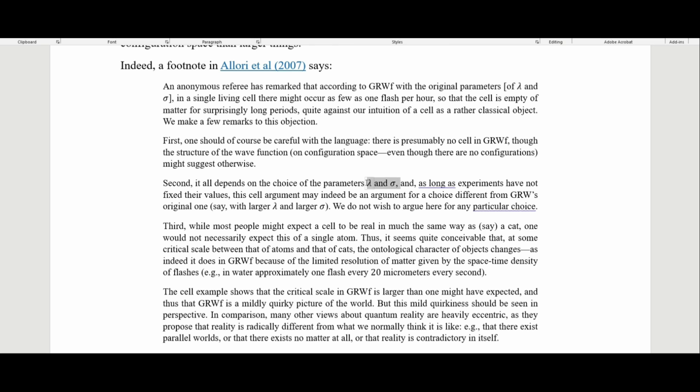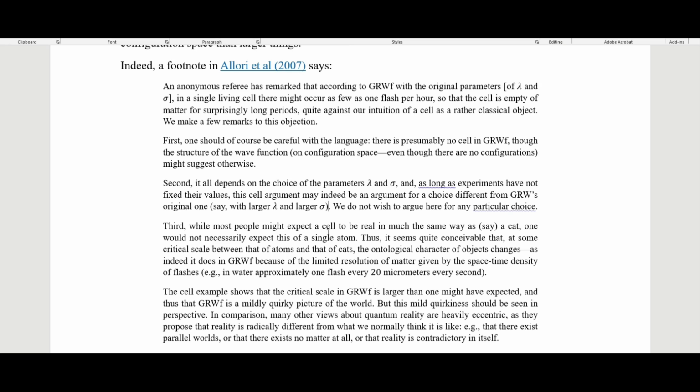Again, this is that thing where I was saying that it's not even agreed upon what these parameters are. As long as experiments have not fixed their values, this cell argument may indeed be an argument for a choice different from GRW's original one, say with a larger lambda or larger sigma. We do not wish to argue here for any particular choice.